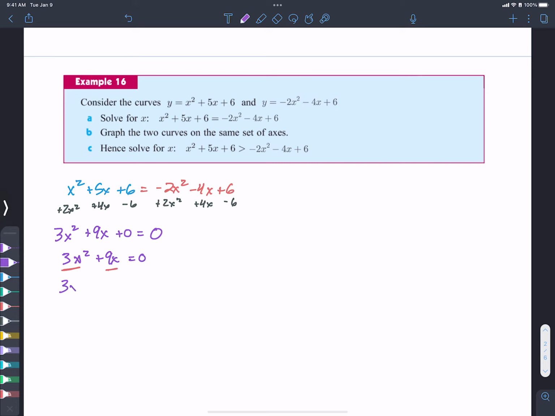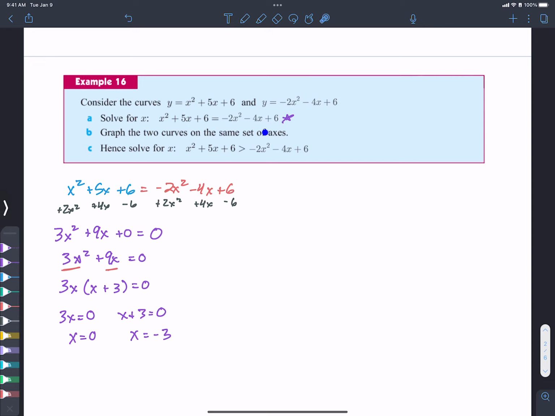So I'll factor out that 3x, and I'm left with x plus 3. And that equals 0. So that means either 3x has to equal 0 or x plus 3 has to equal 0. So here on the left, we have x equaling 0 when we divide both sides by 3, and here we get x equals negative 3. So that is solving these two equations for when they're equal to each other.